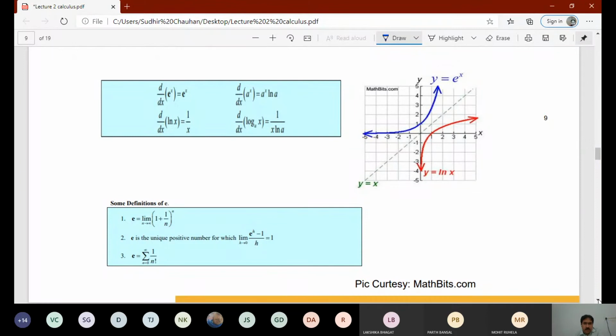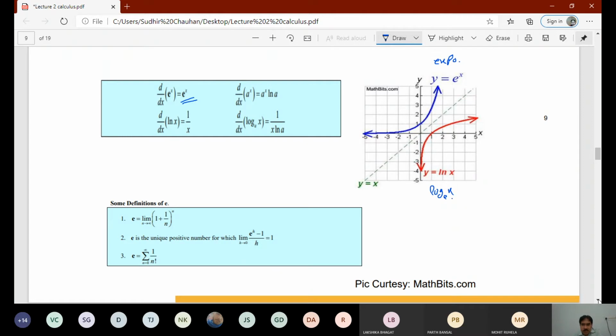So here we have some properties of Euler number, that is e raised to power x. So exponential function is there. So d by dx of e raised to power x, that is exponential function, is e raised to power x. Now if we see the graph, it is graph of function y is equal to e raised to power x, that is exponential function. And here we can write the graph of log x base e.